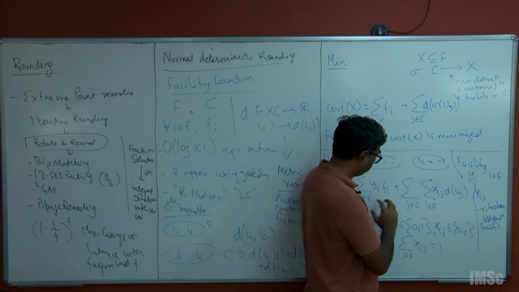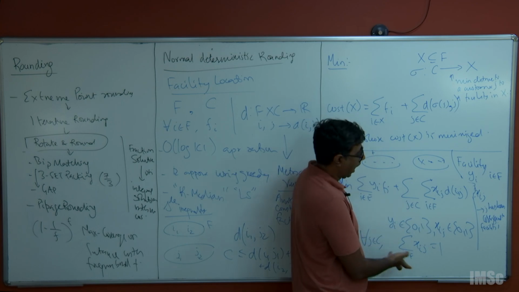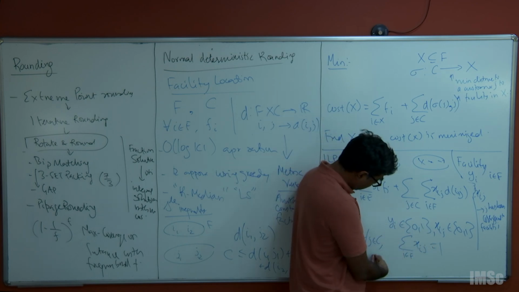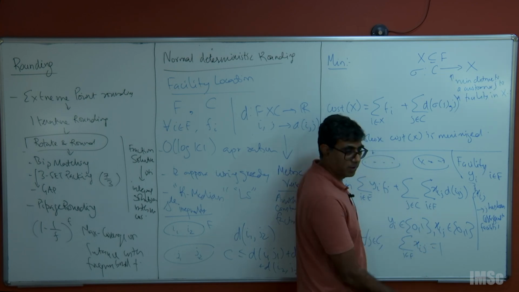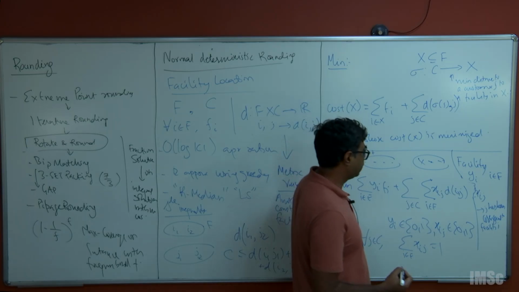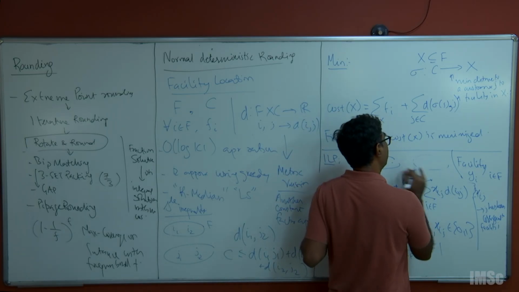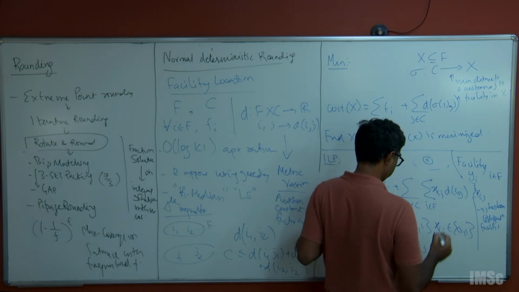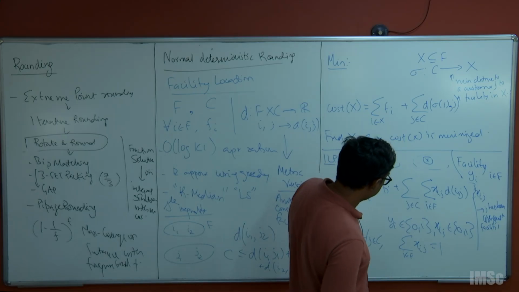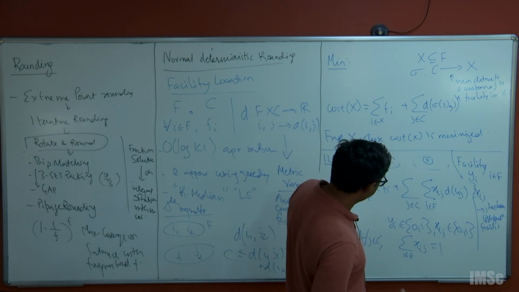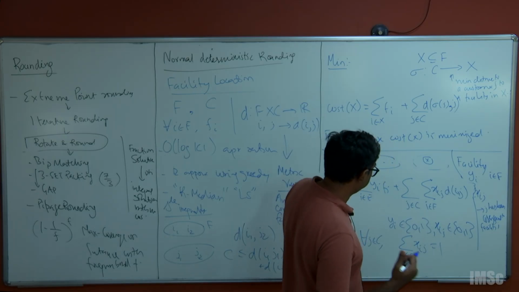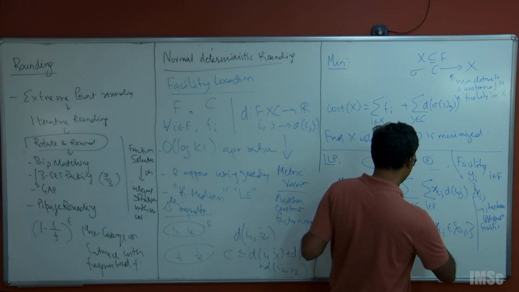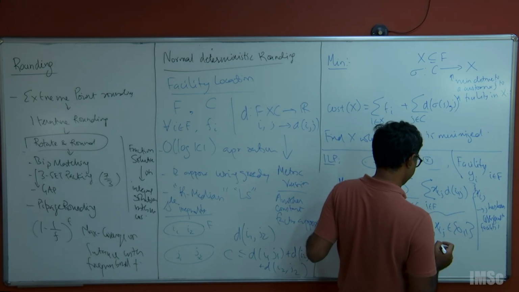Because they have no relation between them, all I care about is that for each of them Xij should be 1. So let's do one thing. Let's just open up one facility, right? And what is this? Xij times dij. Okay, so this is also there, right?